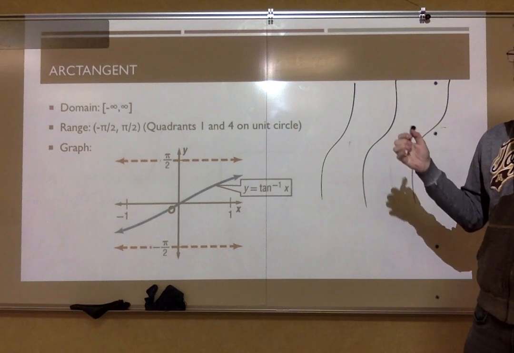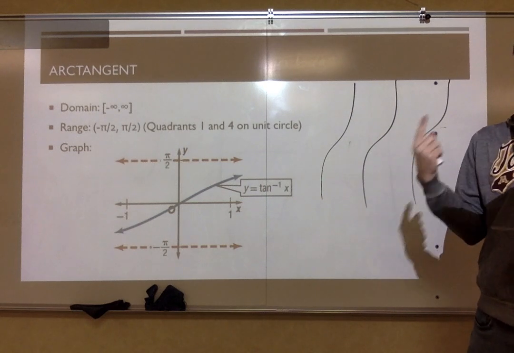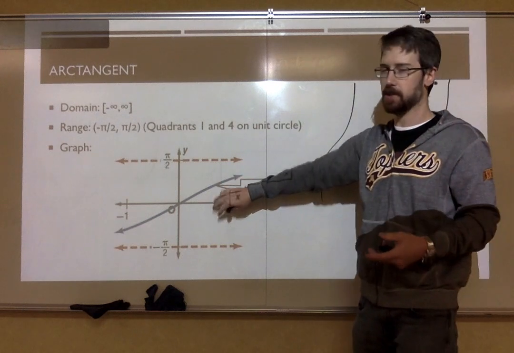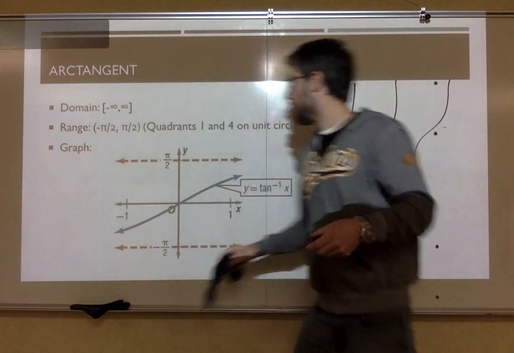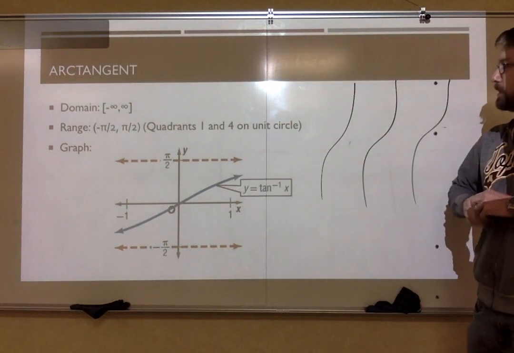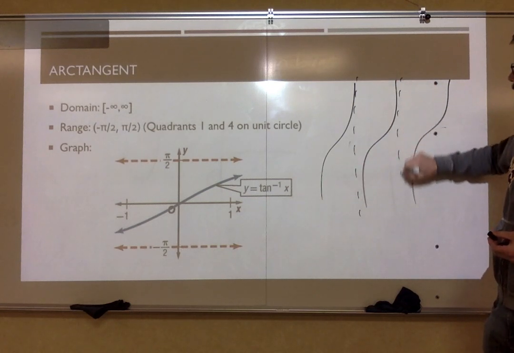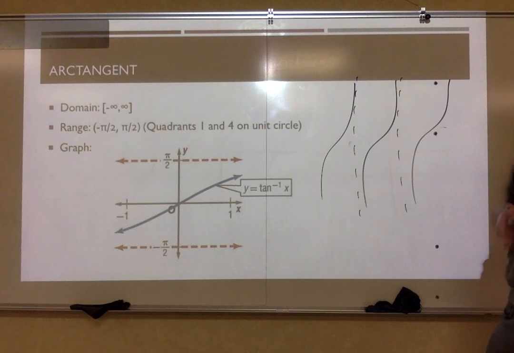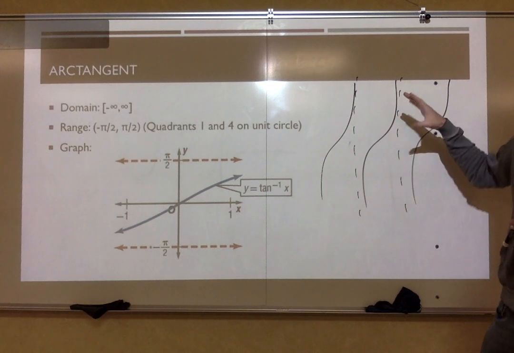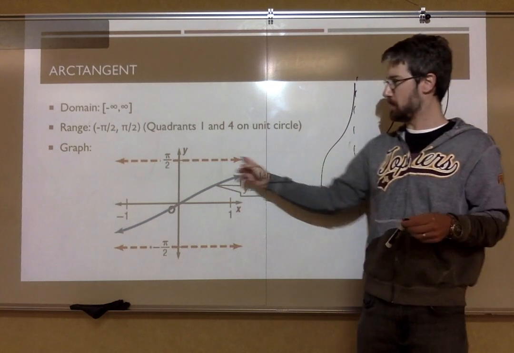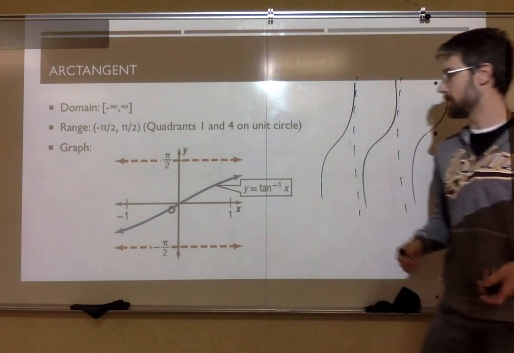And so if we want to make it a function, we just choose one of them, and we choose the one that's in the middle just for simplicity's sake. The tangent graph originally has vertical asymptotes at pi/2 and -π/2. And so when we take the inverse of that, now those vertical asymptotes become horizontal asymptotes.